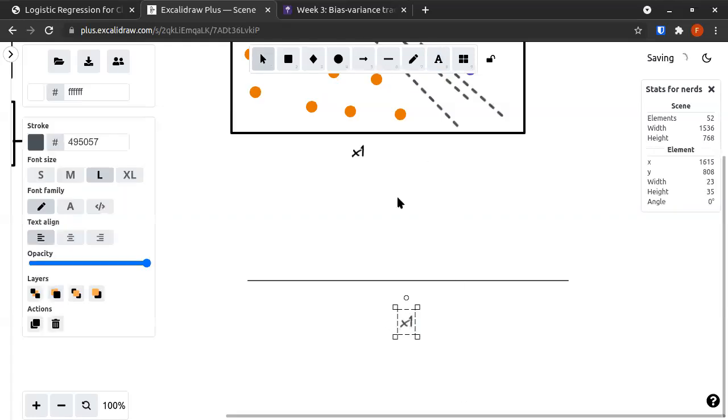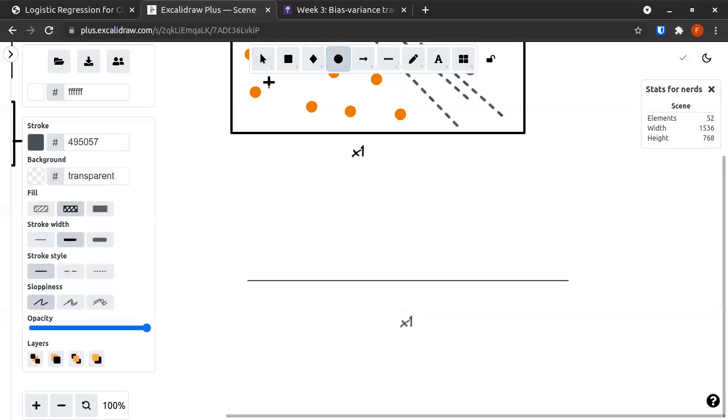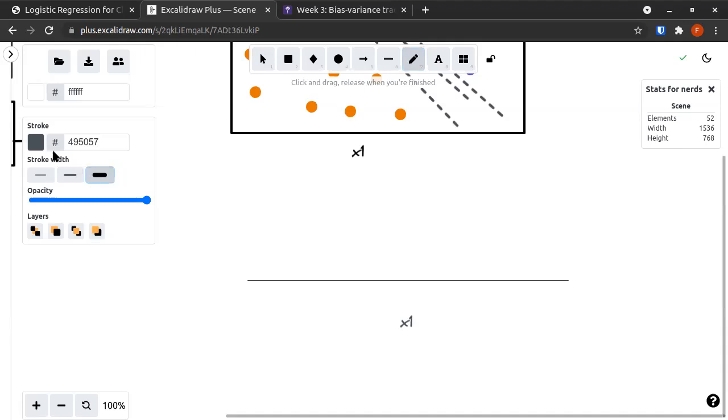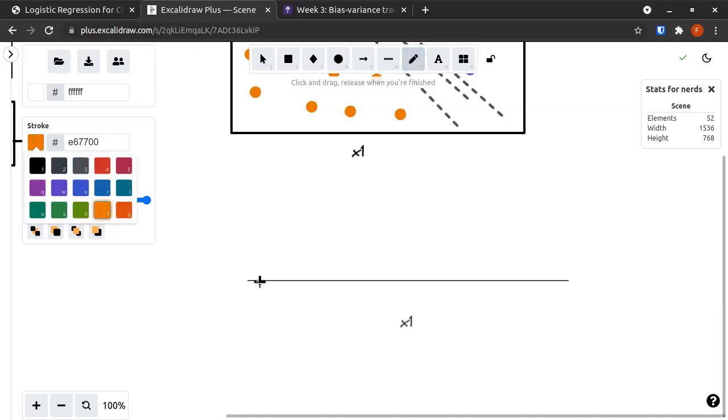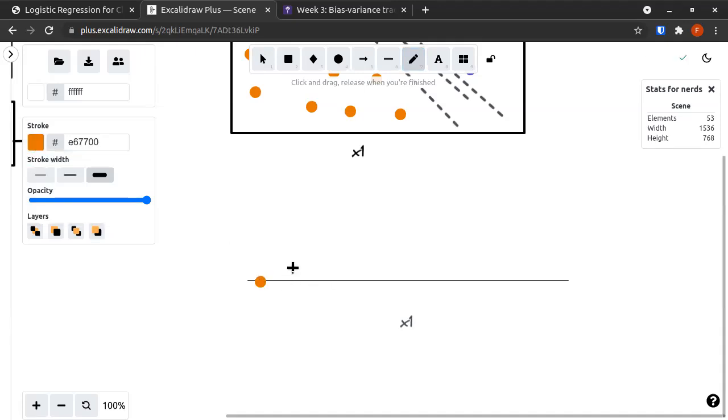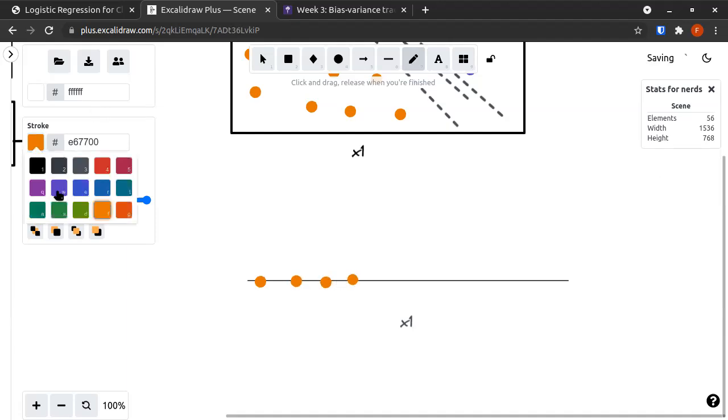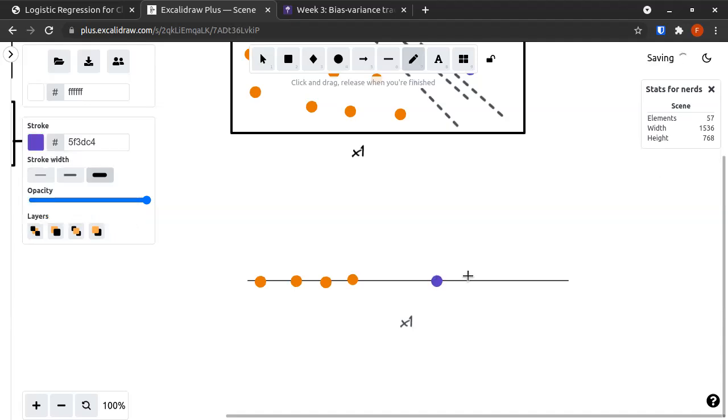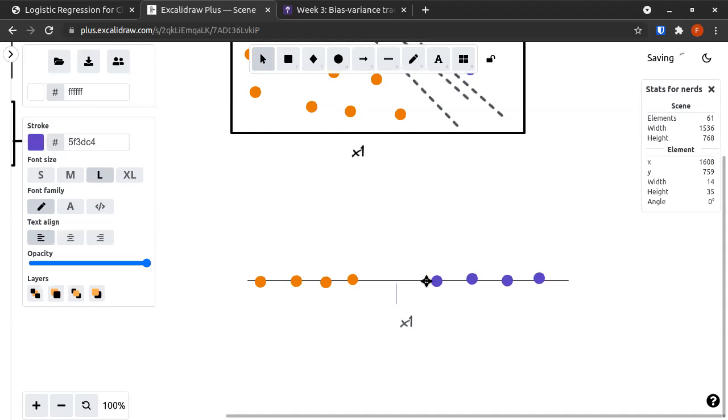Let's say this is a 0 point. So we have some 0 samples here, and some 1 samples here, and the 0 point is here.